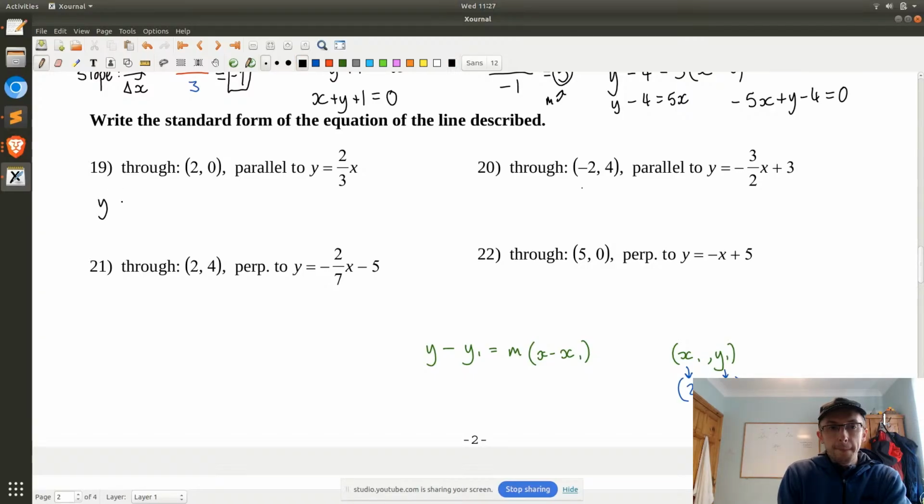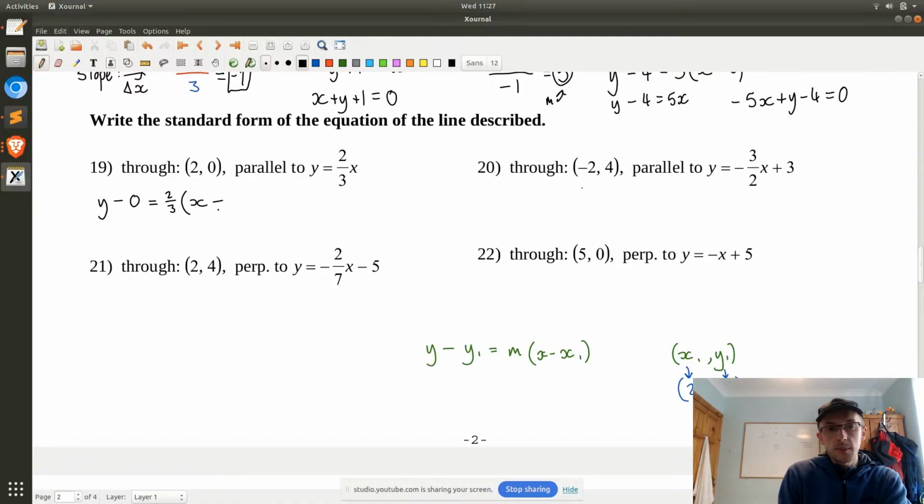So y minus 0 equals, now what's the m value? Oh yeah, that's the gradient. And I've already established that it's 2/3. Open your brackets. X minus, what's x1?